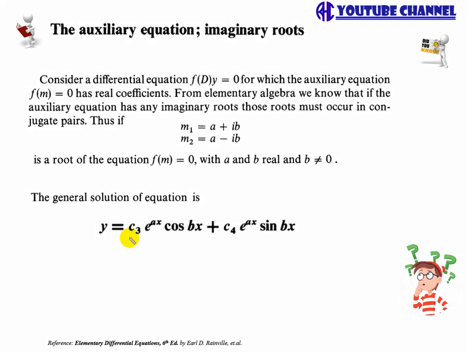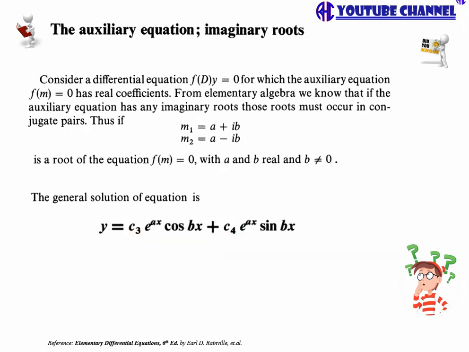y is equals to C3 a raised to ax times cosine bx plus C4 a raised to ax times sine bx. Okay. Yung C3 na yan tapos C4, actually, mahabang derivation yan. So, yung C3 and C4 na yan, may pinanggalingan yung madaming constant. Pero kung gagamitin natin sa panibagong equation, pwede na natin yan sabihin na C1 or C2 dito.